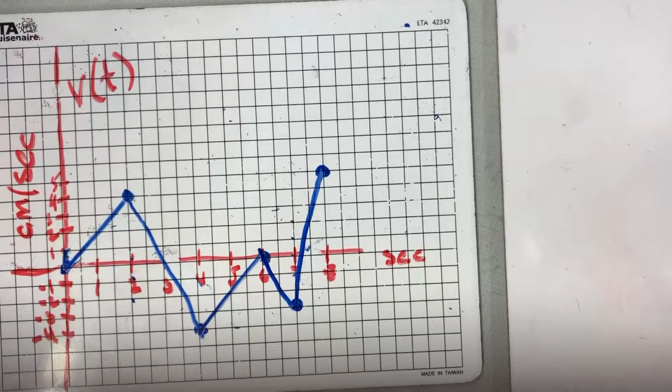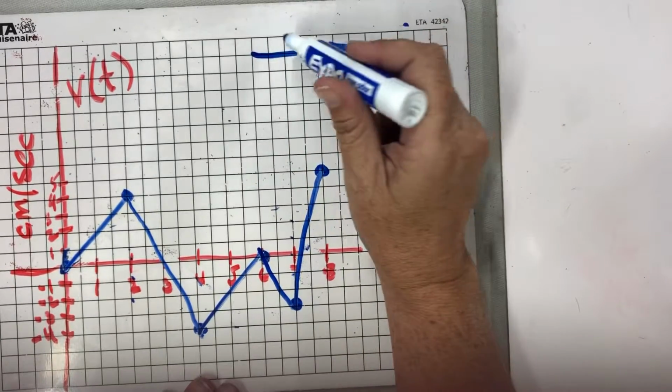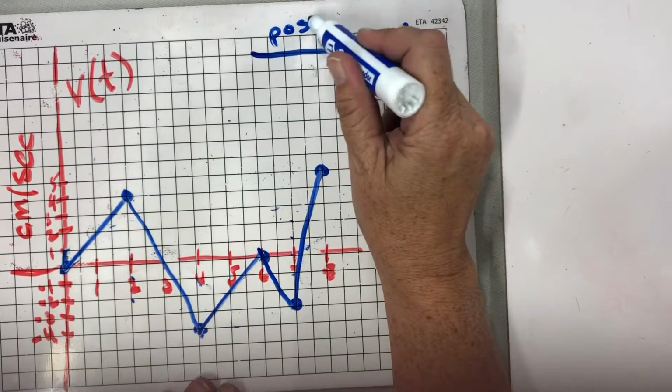So what I'm looking at is a velocity graph. And what this is telling me is at any given time, how many centimeters per second, let's say a particle again, is moving. And remember, when our particle is moving to the right, we're calling that a positive velocity.